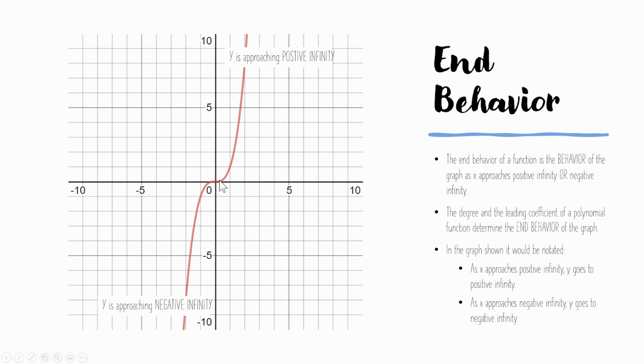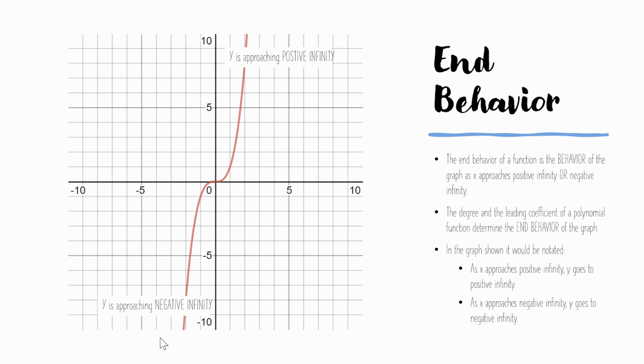So if I were to be here, the x values would get bigger and bigger as the y values got bigger and bigger. This graph goes off to positive infinity. And then from the origin going this way, that graph is going towards negative infinity. So that's my end behavior.